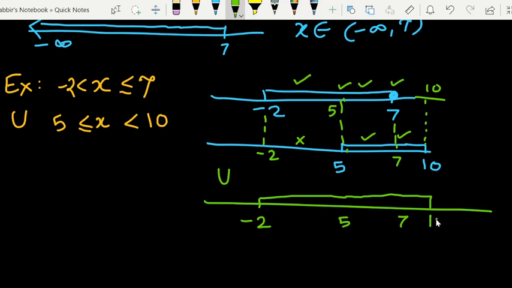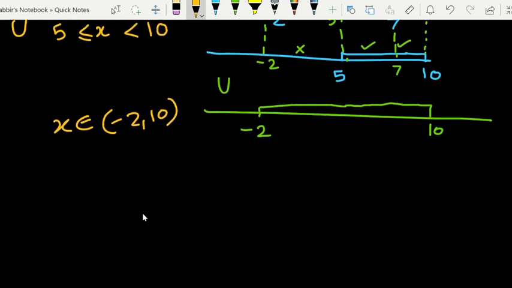So finally we will take minus 2 to 10, and 5 and 7 will also be a part of it. Minus 2 won't be there, 10 won't be there. So the answer is x belongs to minus 2 to 10. That is the union. Hope you understood it.